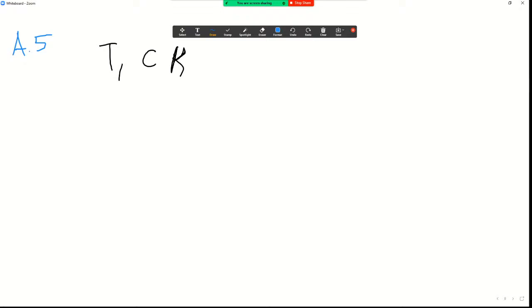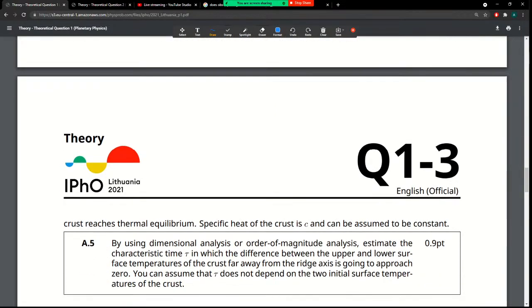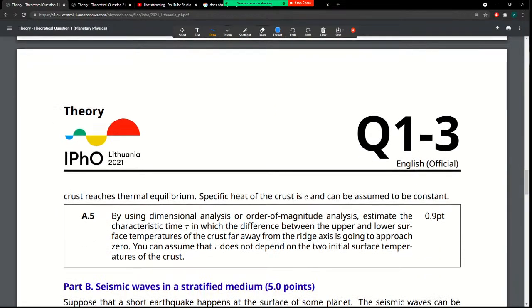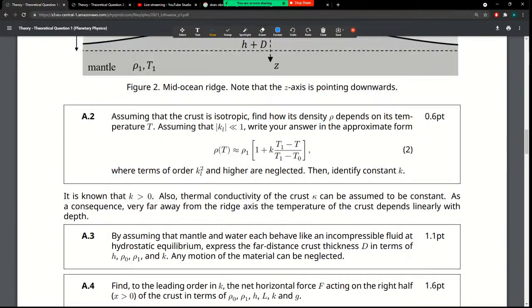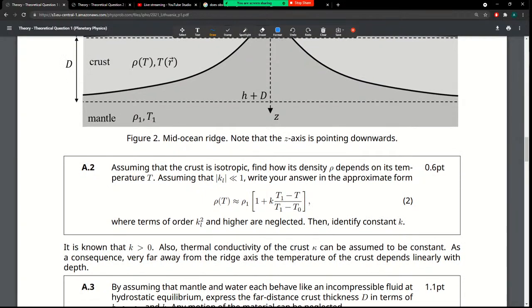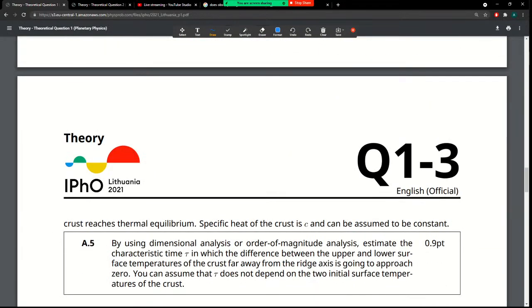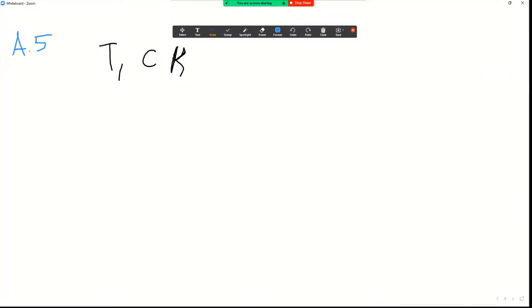Oh, we need a length parameter too. But which length parameter, D or H? If we include both, then the dimensional analysis won't help us. Well, if it's the crust, then it should just be D. And also we have L as a y-axis parameter.